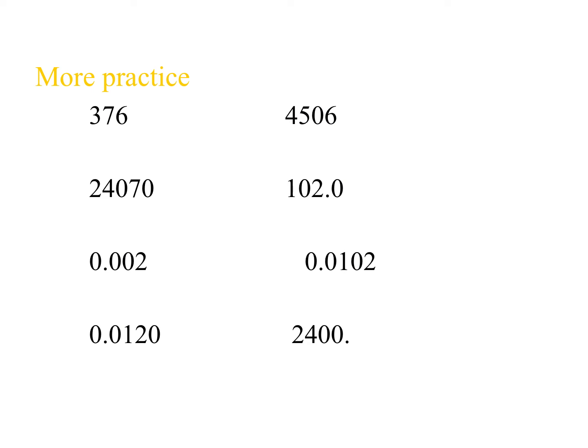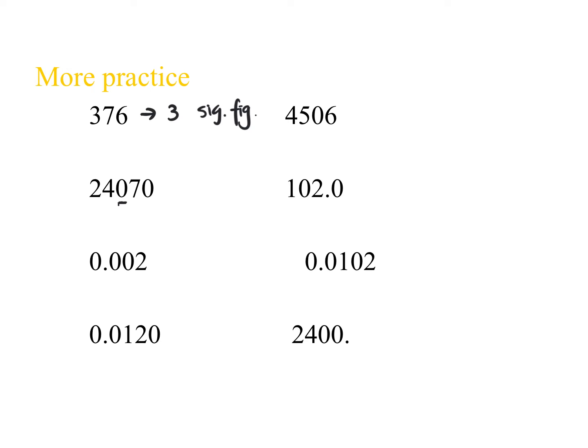Here we go. When we do significant figures, we know that all non-zeros are significant. So 376 has 3 sig figs, right? 24,070.